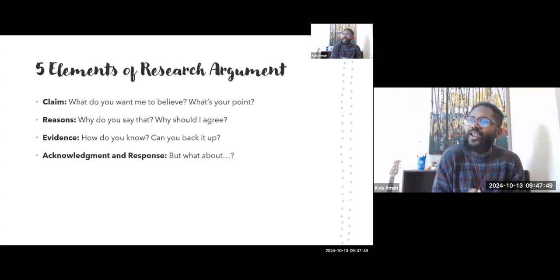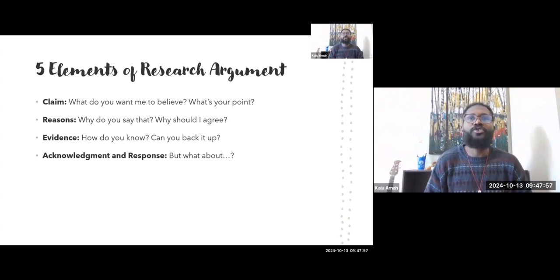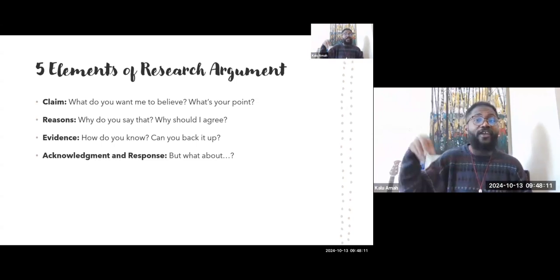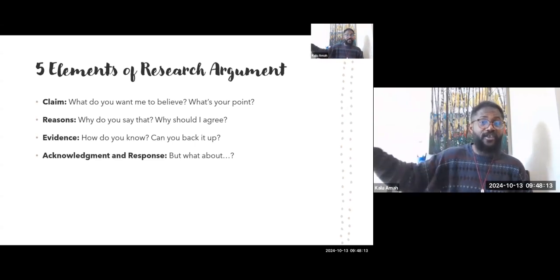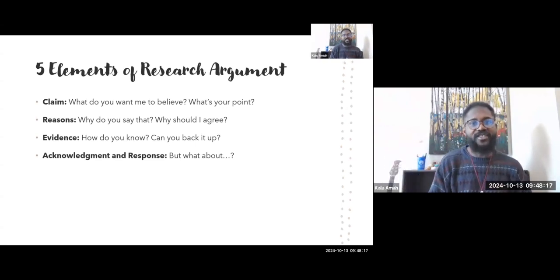We don't think of, okay, what about this that doesn't really agree with my thesis? Because if you don't take into consideration other sources or other views or other perspectives that do not overlap with yours, your argument will not really be strong. So you need to consider what about other things that contradict you? And once you're able to address those contradictory things to your thesis, then you are making a defensible argument.